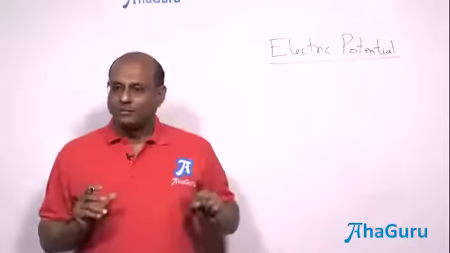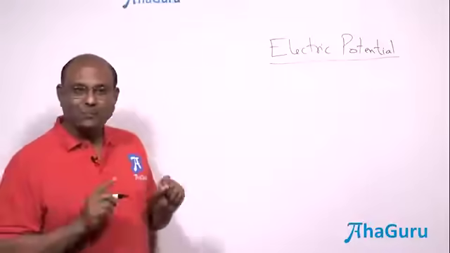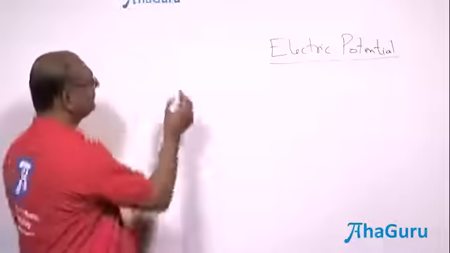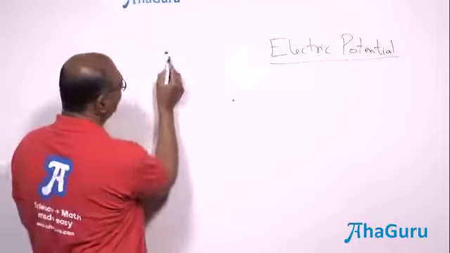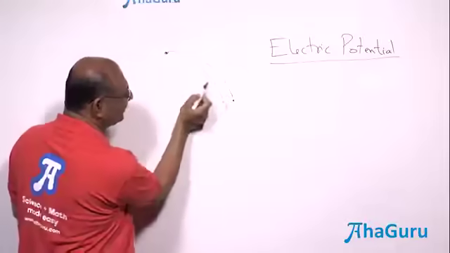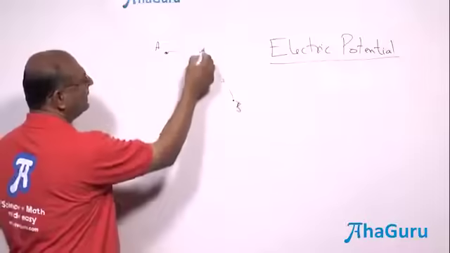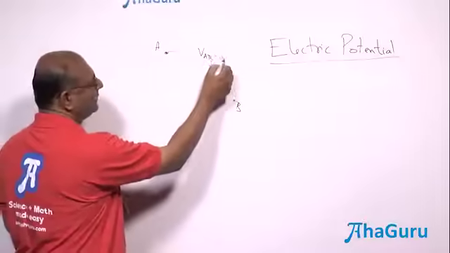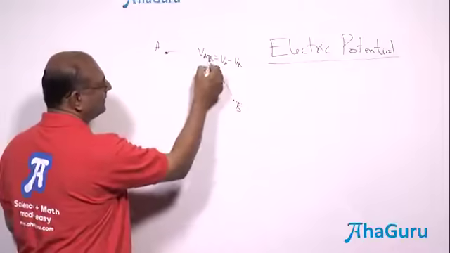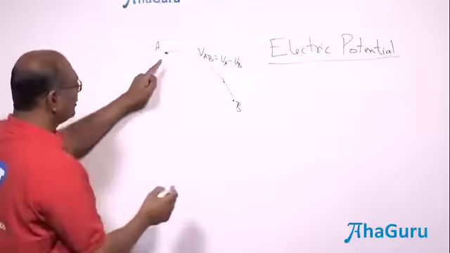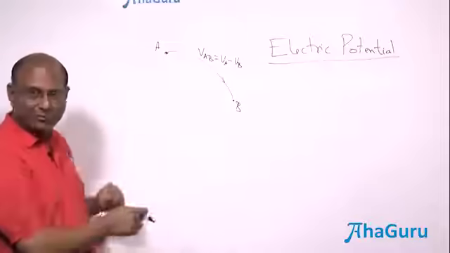Okay, so now we know how to calculate potential drop, right? So if I start here and I end there, you know how to find the potential drop from A to B. We have seen that it is VAB, which is VA minus VB, right? That's what we saw. So this tells us something about how to do this calculation.